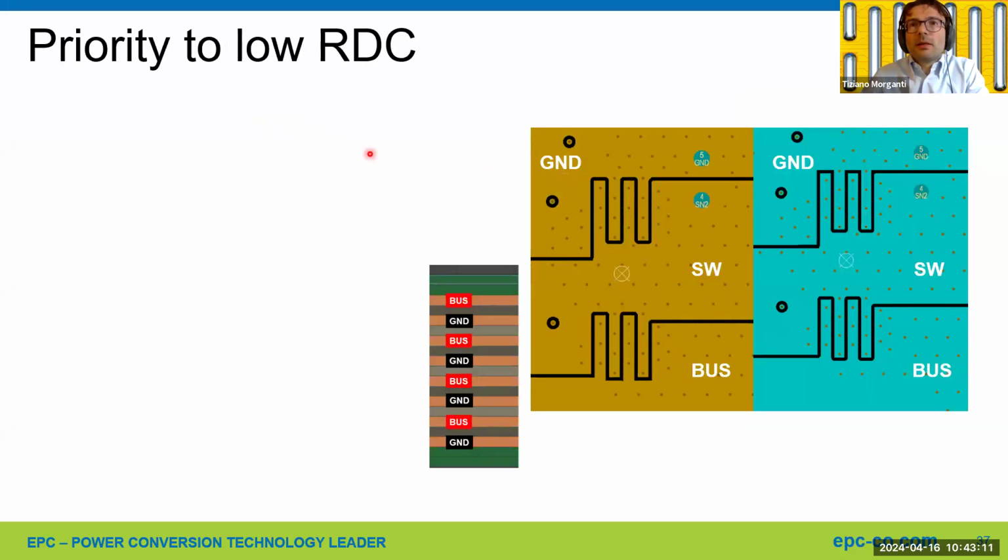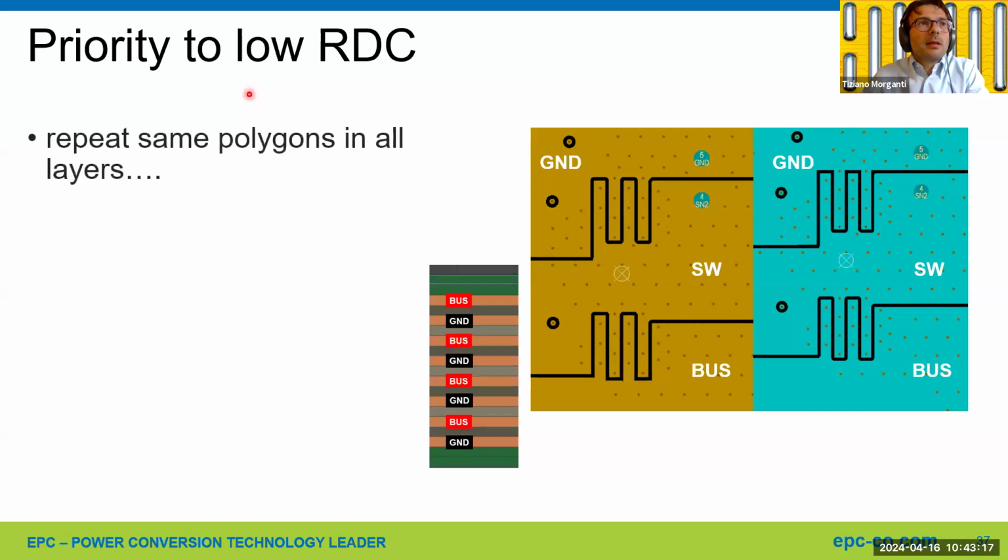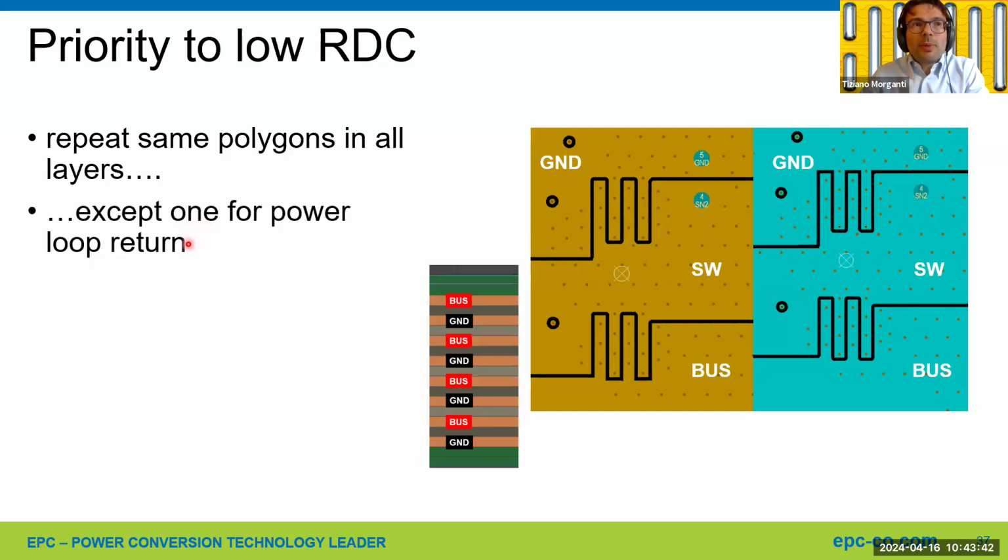And to provide an example of how we prioritize the low DC resistance, we are working on a layout in which we are repeating the same polygons in all layers. So we have the switching node, ground, and bus in order to use as many layers as possible for the high currents, except one for the power loop return.